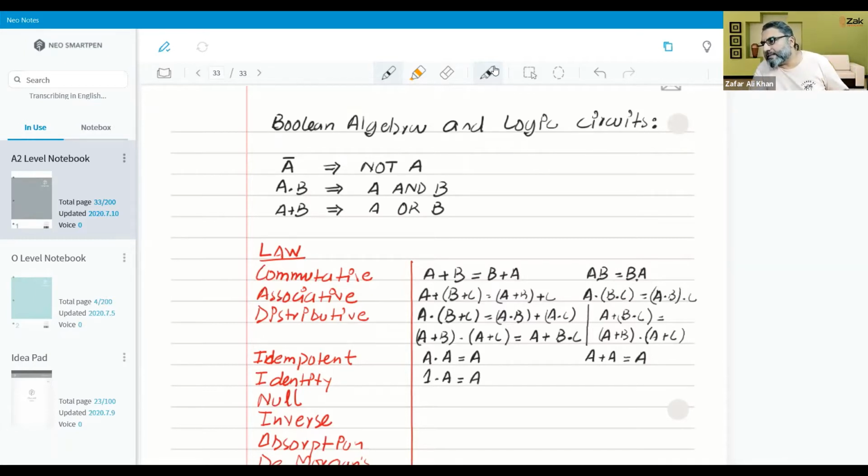If A is 0, then the answer is 0. If A is 1, then the answer is 1. Similarly, 0 plus A is equal to A. This is identity law.